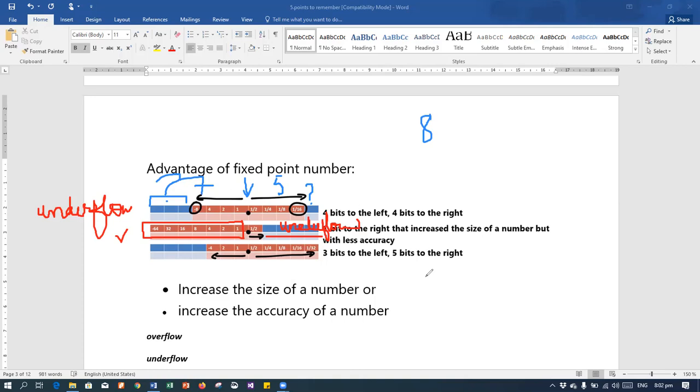For example, if we have a single number to be stored, we have only 4 bytes to store those numbers. So when the value is out of the range, if the value is too big, it's overflow. If the value is too small, it's underflow.